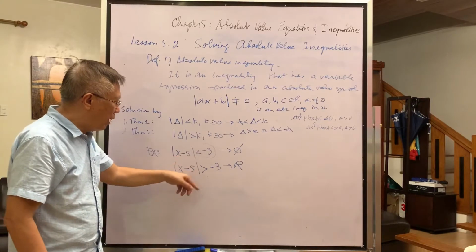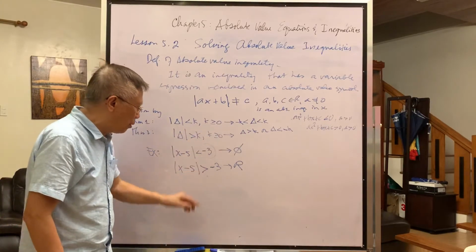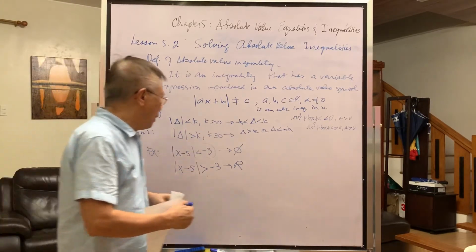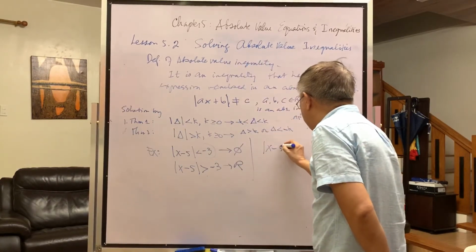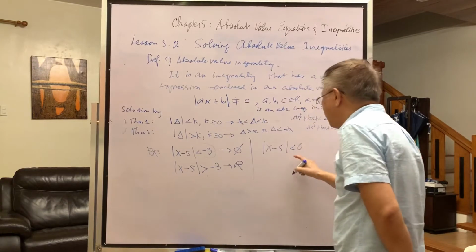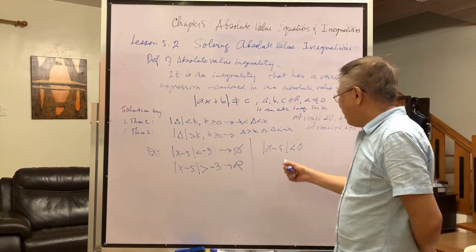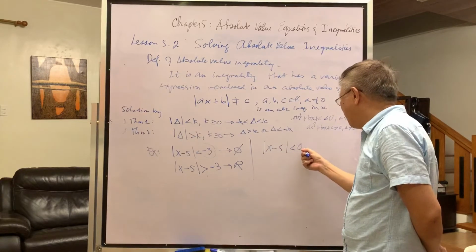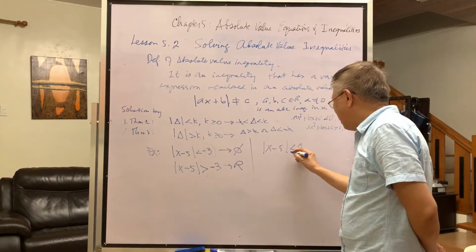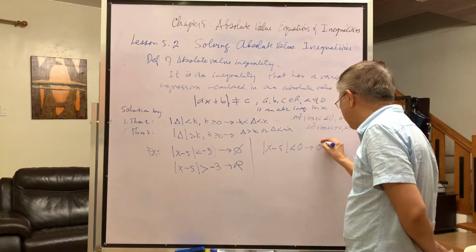We will now have cases where k is equal to 0. For example, absolute value of x minus 5 less than 0. Will this ever be less than 0? No. So your solution to this is the null set.